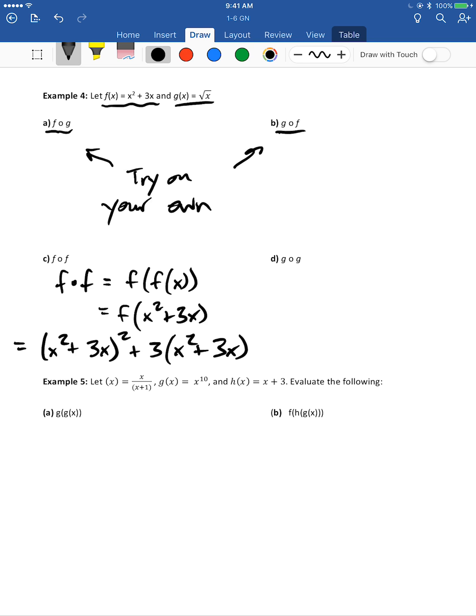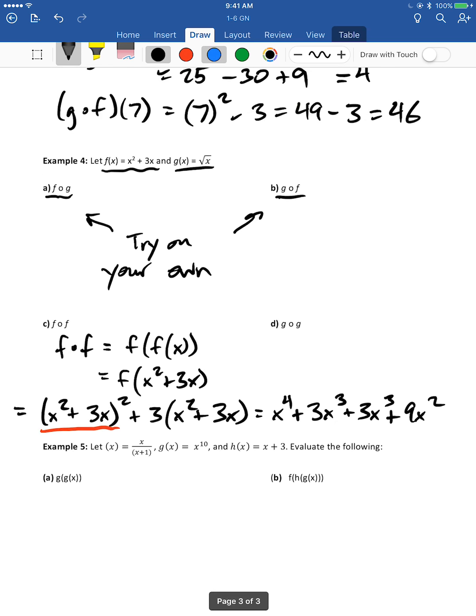Crazy inception. I love it. Let's now FOIL this here. And we're going to get, if I did this correctly, x to the 4th plus 3x cubed plus 3x cubed plus 9x squared.